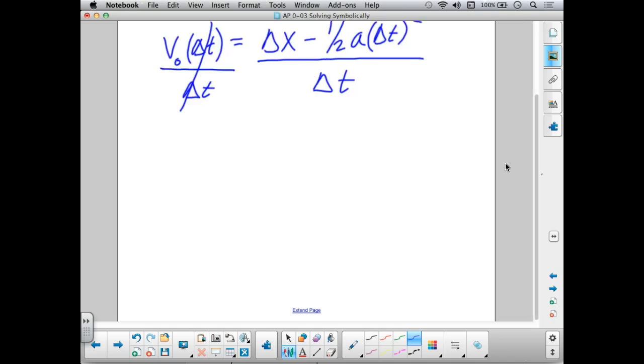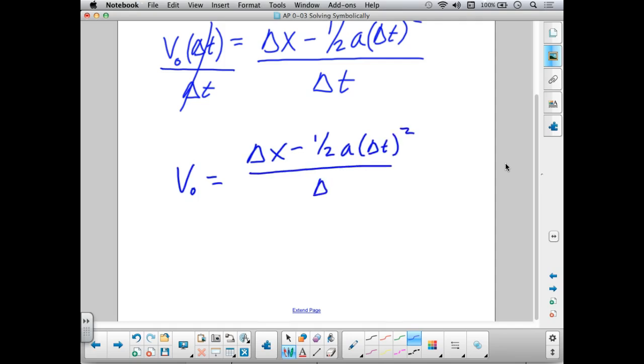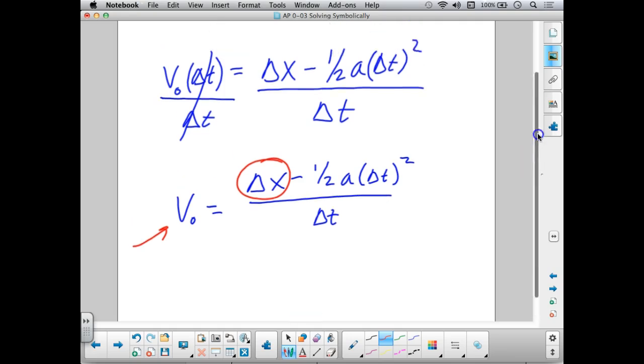And that's going to give me v0 on one side, (delta x minus 1/2 a delta t squared) over delta t. Now it seems like I'm done because I have v0, my unknown of interest, on the left-hand side, but I've also got delta x hanging out on the right-hand side, which I can substitute for.